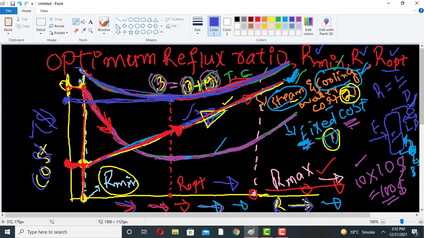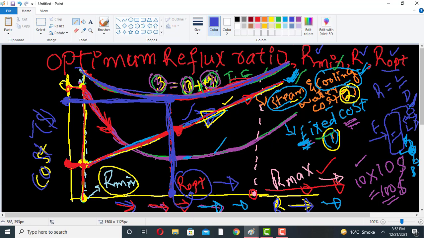The point at which the fixed and operating costs combined are minimum is called the optimum cost, and the reflux ratio we obtain at this point is called the optimum reflux ratio, denoted by ROPT.